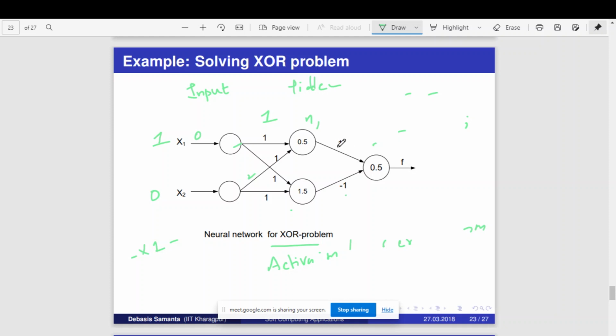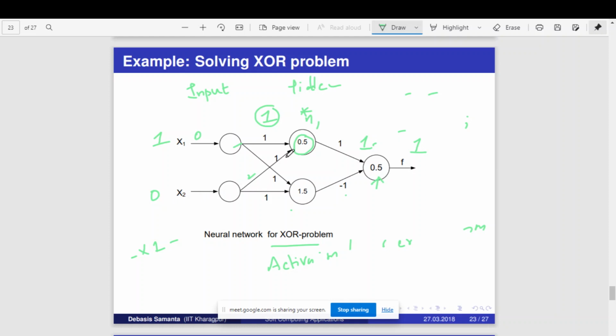What is the input here? 1. So this 1 will be multiplied with this one. What will we receive here? 1. And this 1 is greater than 0.5? Yes. So what will be the output? 1, right?